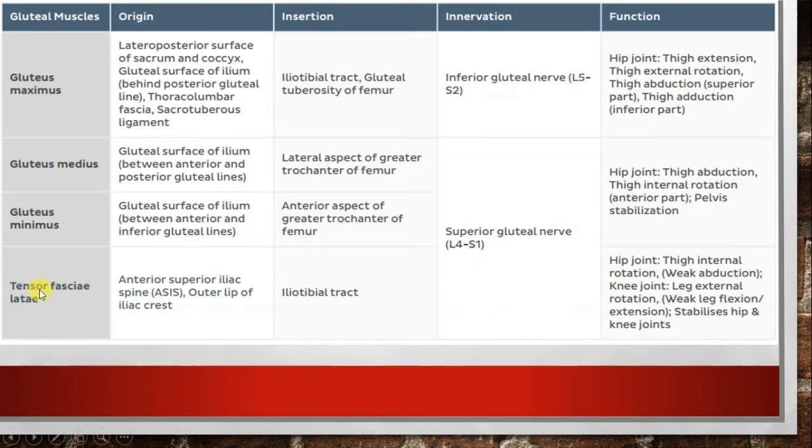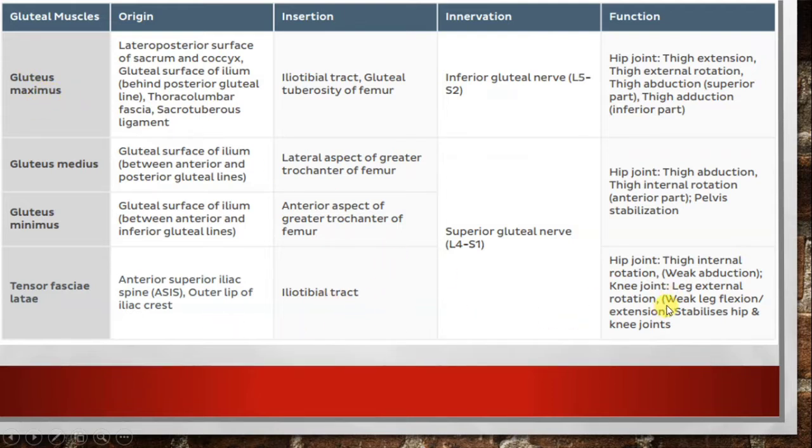So there is a last one. There is the tensor fascia lata, which is arising from the anterior superior iliac spine and the outer lip of the iliac crest. It is inserted into, or continuous with, the iliotibial tract. The iliotibial tract is also fibrous tissue which gives insertion to the gluteus maximus.